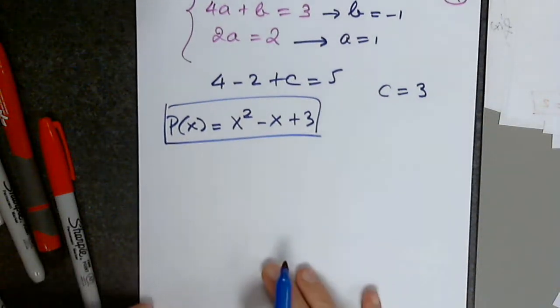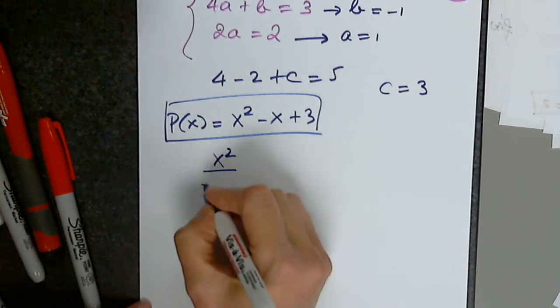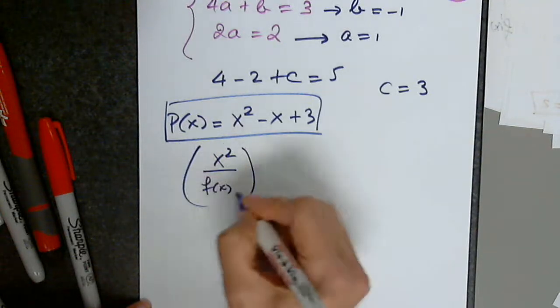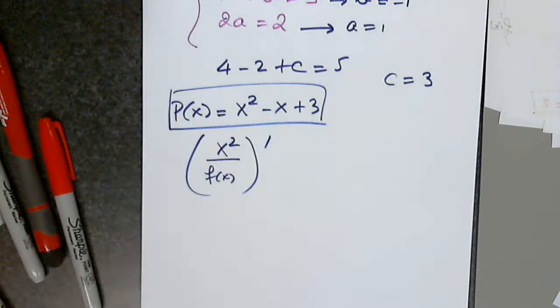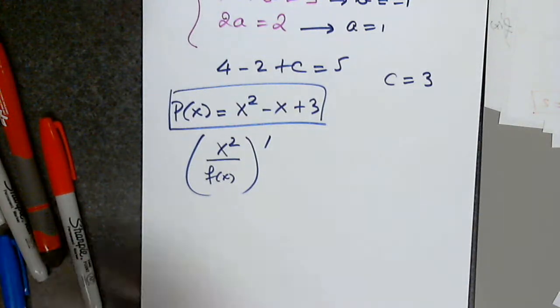Okay. So we are given x squared divided by f of x. We are told f is a differentiable function, and we are asked to find the derivative of this ratio.